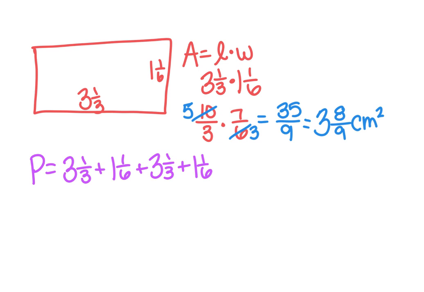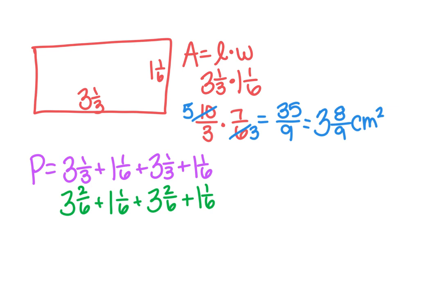I'm going to make my smaller one bigger into sixths. So we're going to turn 1/3 into how many sixths? 2 sixths. So this is going to turn into, I'm just going to rewrite it here, 3 2/6 plus 1 1/6 plus 3 2/6 plus 1 1/6. Just centimeters for a perimeter, because it's like measuring, so it's just a distance.